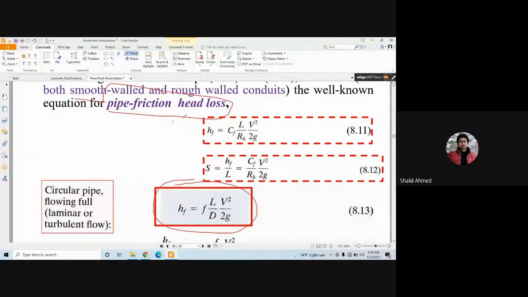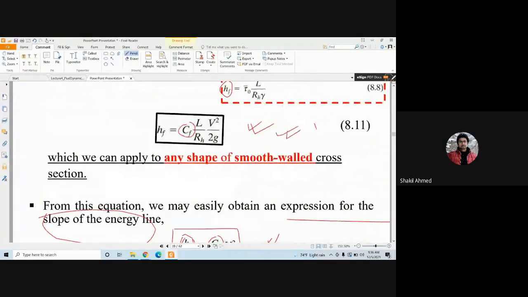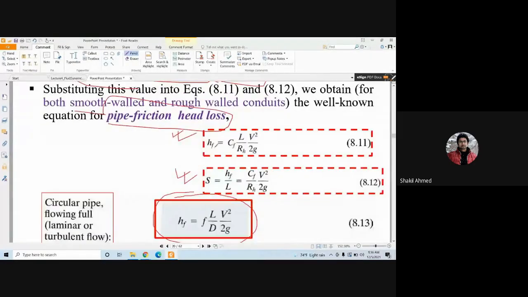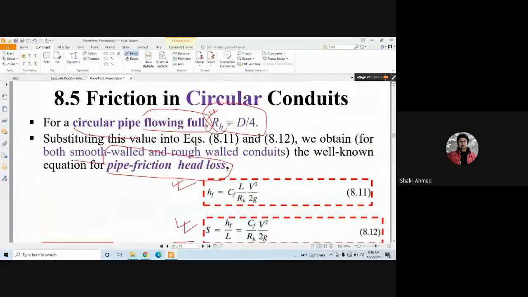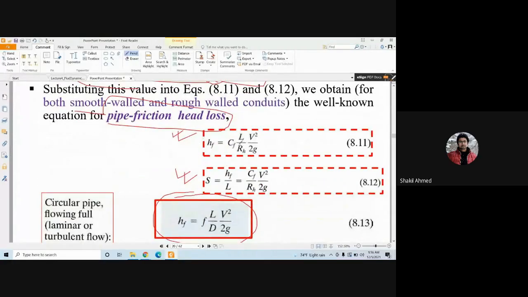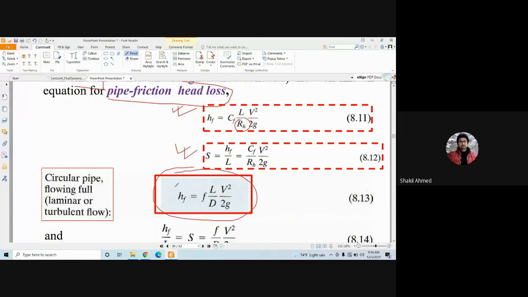So if you put this value here and replace these values, you'll get head loss equals F into L by D into V square by 2G.